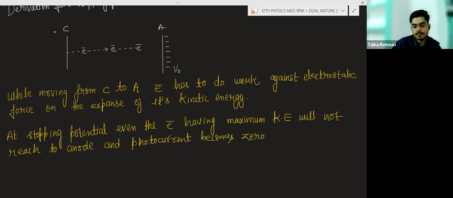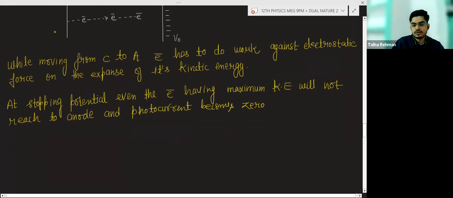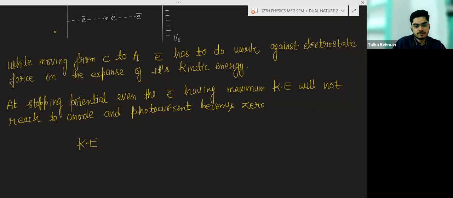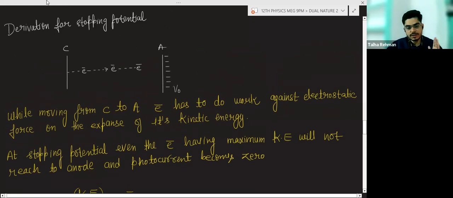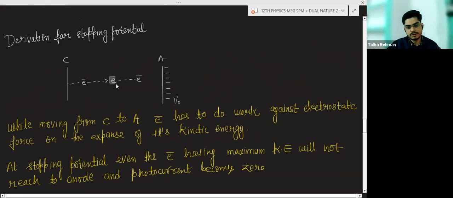Okay, so you can say that the electron having the maximum kinetic energy, suppose there is an electron here, is moving from cathode to anode, and due to the negative potential there is a force of repulsion on it.